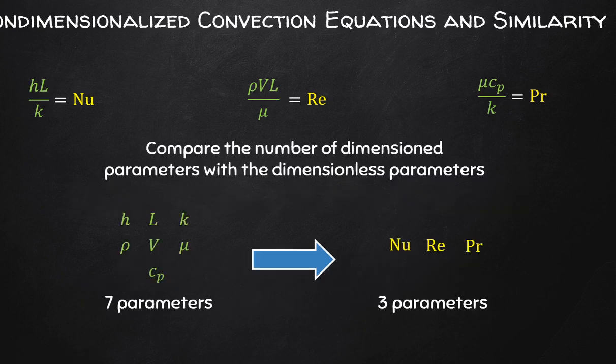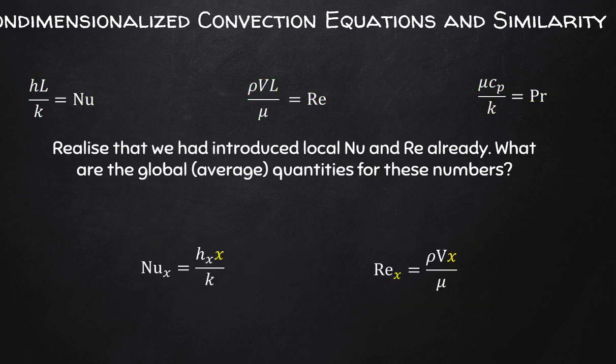For the case of flat plates, as the boundary layers develop across the plate, the Nusselt number, the Reynolds number, and the Prandtl number can be defined, also for inside tubing, etc. And so these dimensionless numbers really reduce the number of parameters considerably, down to 3.